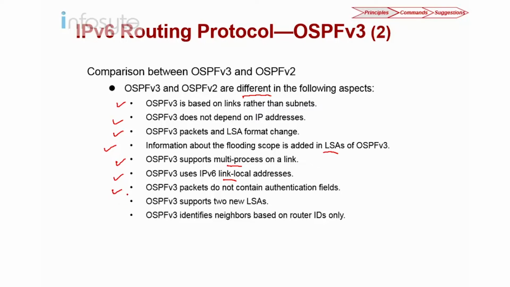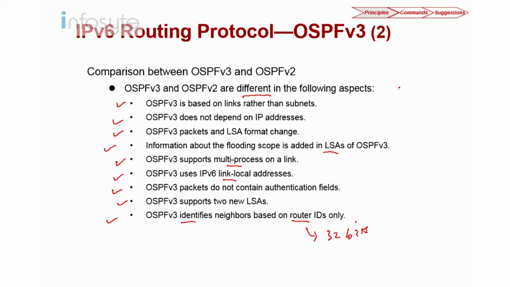It doesn't support authentication natively, but it depends on IPv6 authentication, and that makes OSPFv3 less complex. OSPFv3 supports 2 additional LSAs, and OSPF identifies the neighbor based on router ID. The router ID is 32-bit, just like IPv4.